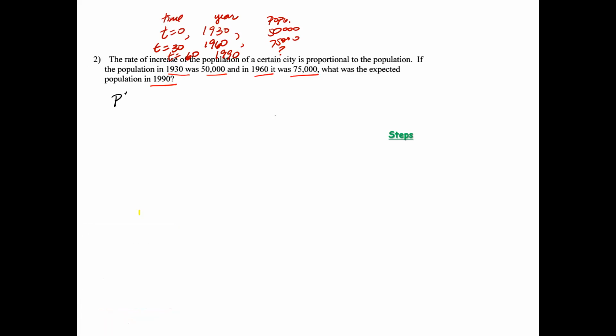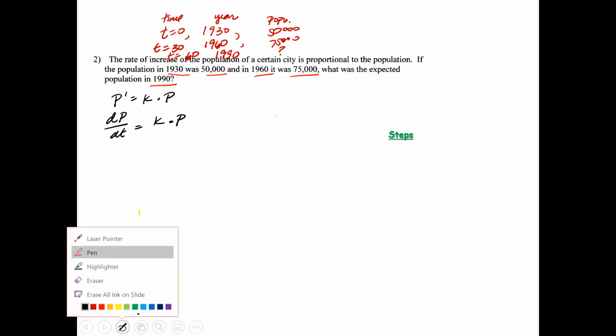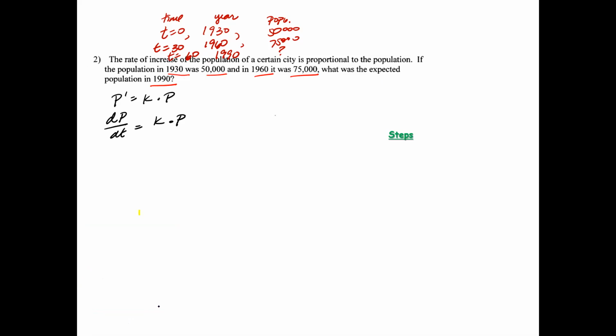All right, so you know your P prime is equal to K times P. So if I were to change P prime, that's going to be dP over dt is equal to K times P. But remember, you need to ensure that you have the P's on the left side and the t's on the right side. So let's divide by P on both sides and multiply by dt on both sides. So dt cancels, dP over P is equal to K dt.